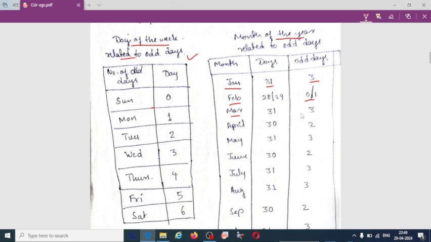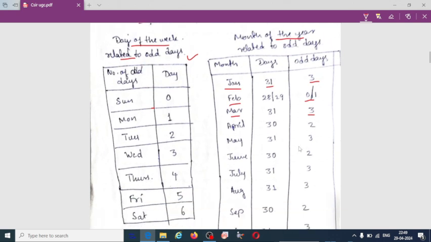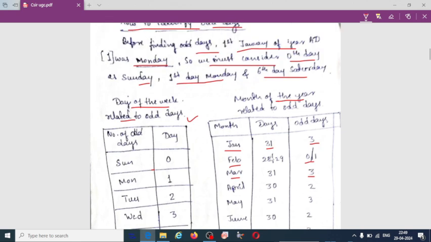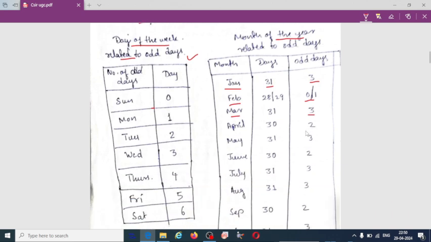March, if you take, there are 3 odd days. So the months which have 31 days, we come across 3 odd days. You can also divide it by 7. So 31 divided by 7, you are going to get 3 odd days. And 30, if you take, 2 odd days.